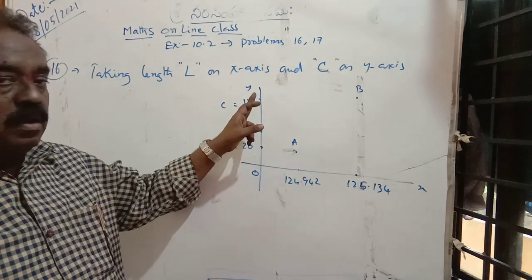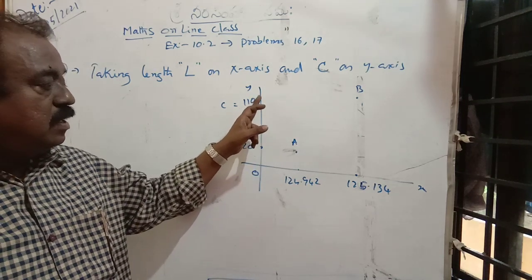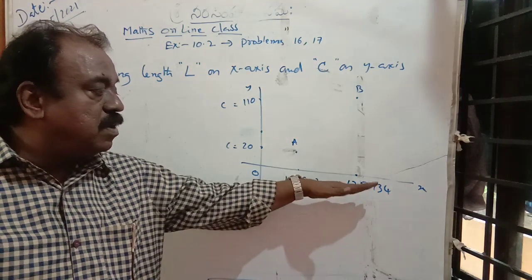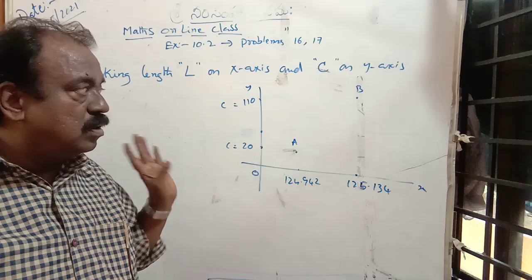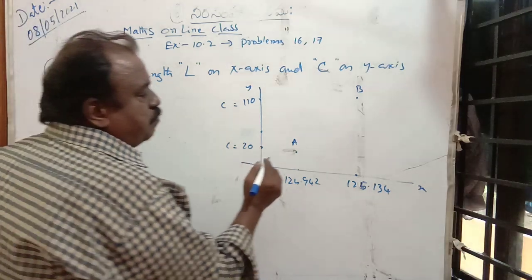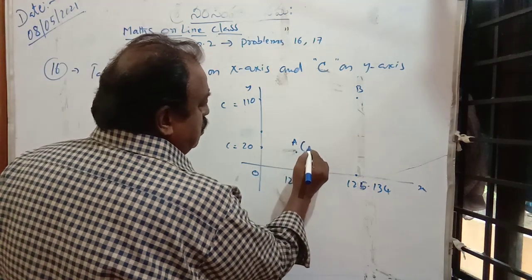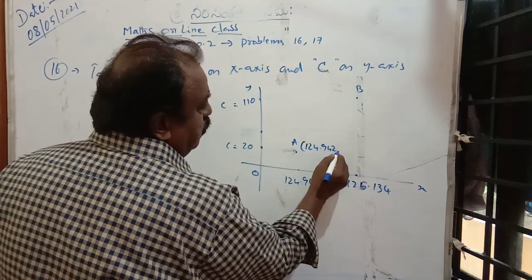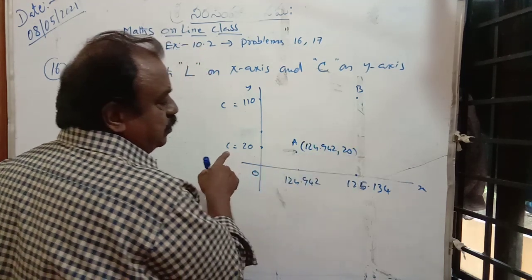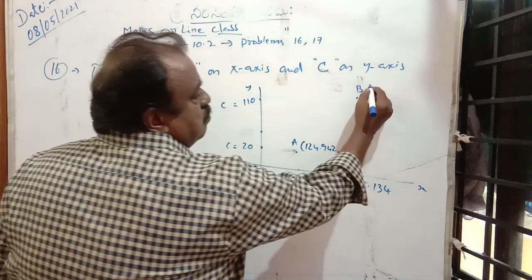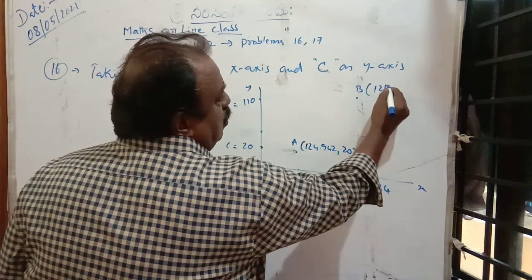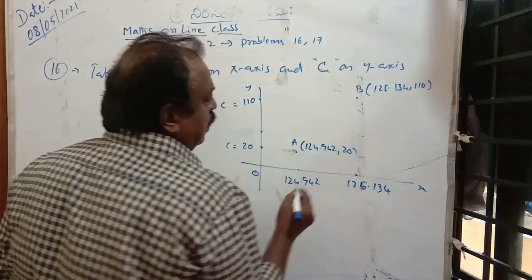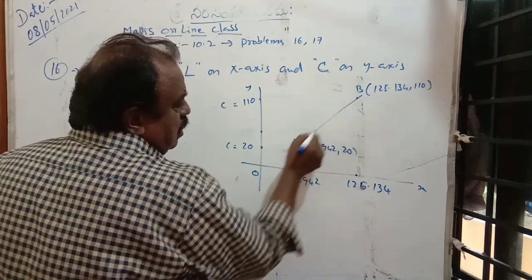When the temperature is increased to 110, the length is increased to 125.134. Here this is the point A: 124.942, 20, x coordinate and y coordinate. B is 125.134, 110.